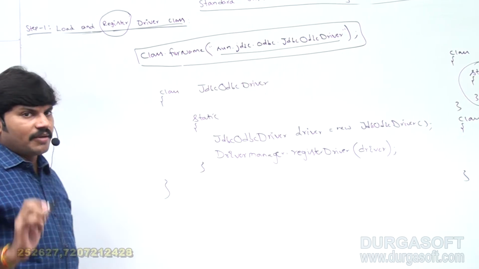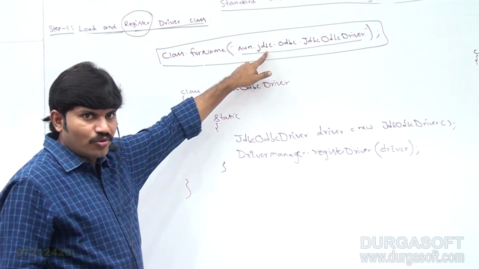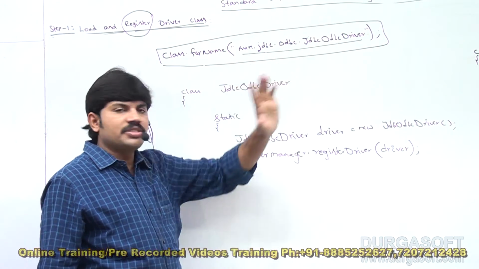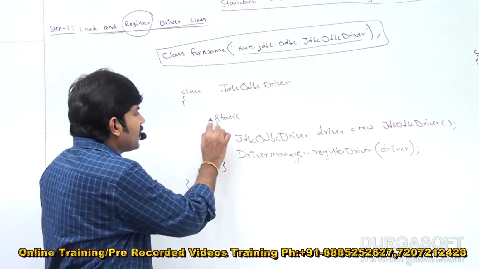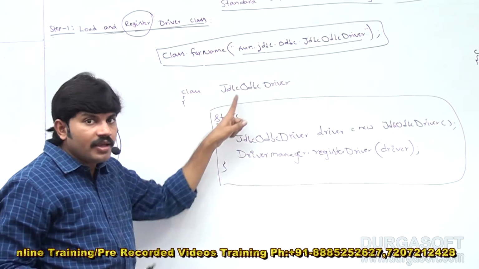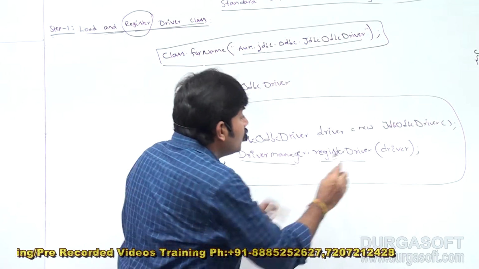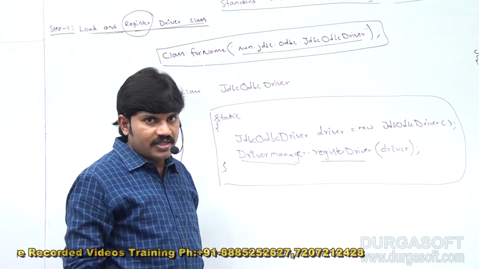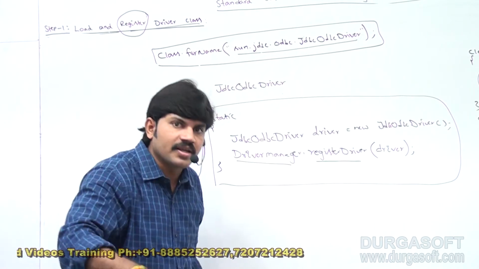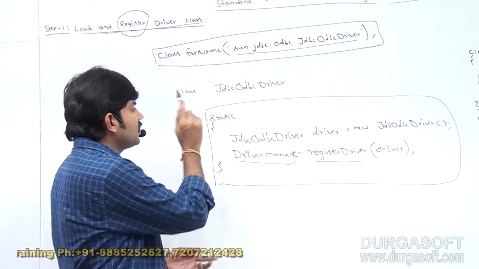Now take a bit special care. Internally, if you want, I will show this internal code also. Whenever we are loading the JDBC ODBC driver class, automatically the static block present inside that driver class will be executed. That static block is responsible for registering this driver. That's why whenever we are loading the driver class, automatic registration with the driver manager happens because of this static block.